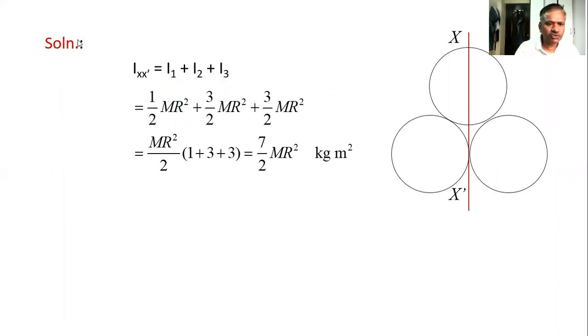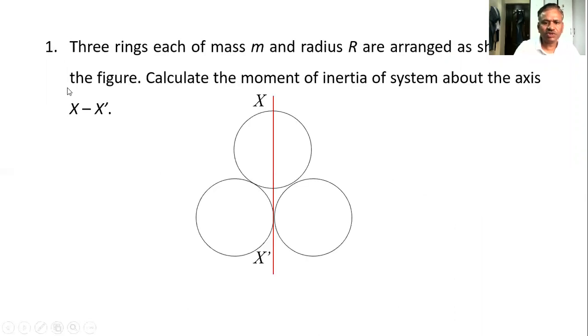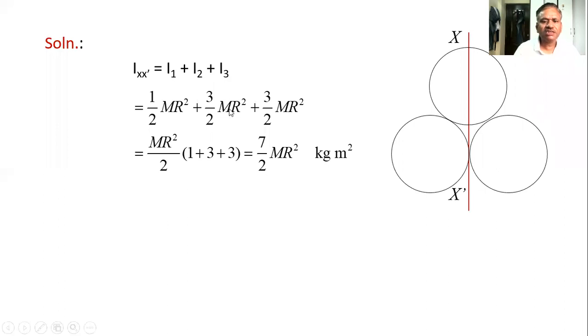For this it is mr square by 2, for this it is 3 by 2 mr square, and for this it is 3 by 2 mr square. Here mr square by 2 is a common factor, so it is 1 plus 3 plus 3, which equals 7 by 2 mr square.